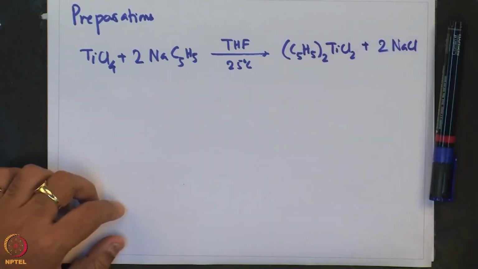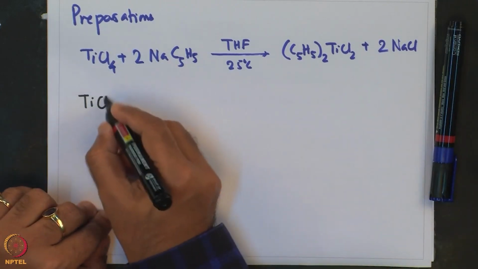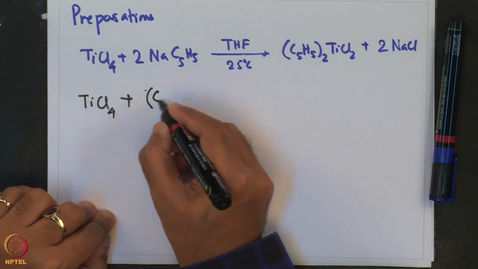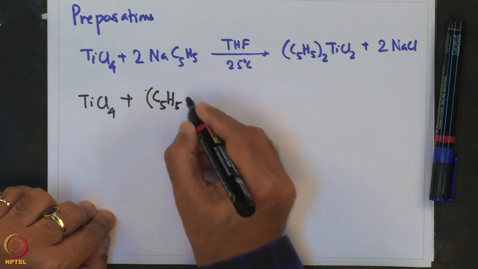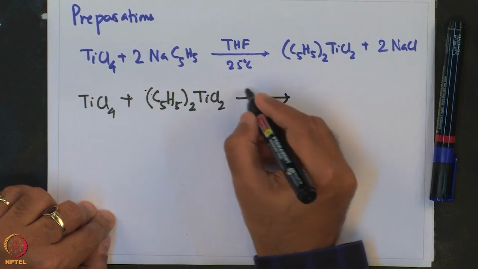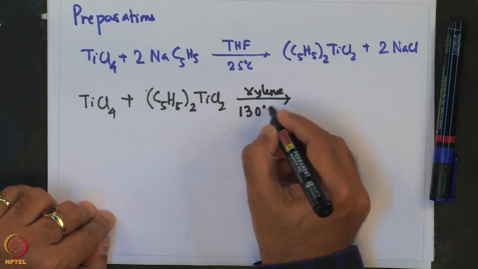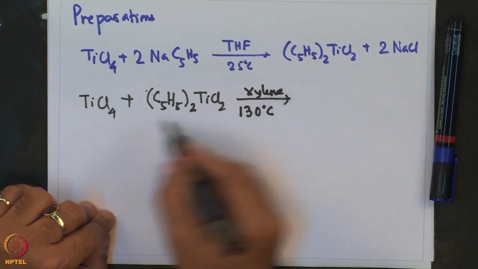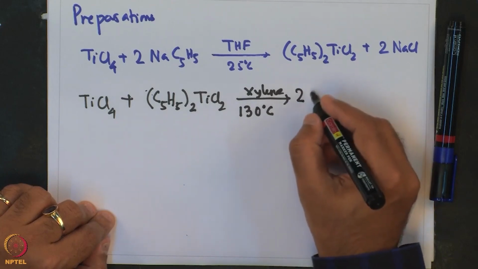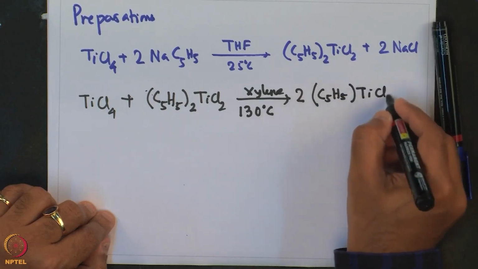Similarly, the reaction of TiCl4 plus (C5H5)2TiCl2 in xylene at 130 degree centigrade will undergo the ligand exchange reaction to give two molecules of C5H5TiCl3.